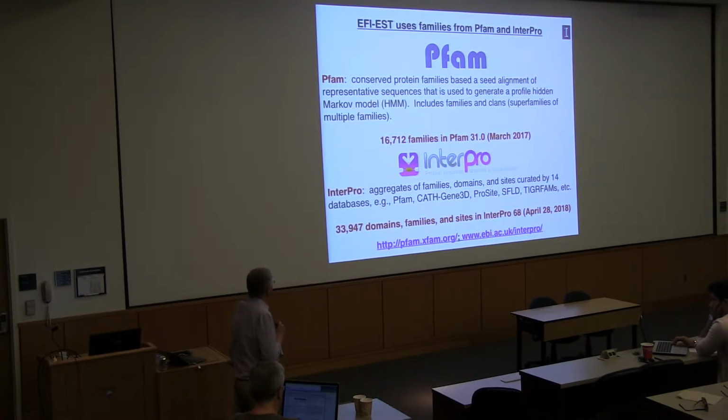I will say about a quarter of these are domains of unknown function. So even though they are curated as being in families, the functions are not known. Okay, and then Interpro has on the order of 34,000 families. This Interpro is the aggregation of 14 different databases, including PFAM. And so we make it easy with EFI-EST to access both of these databases.